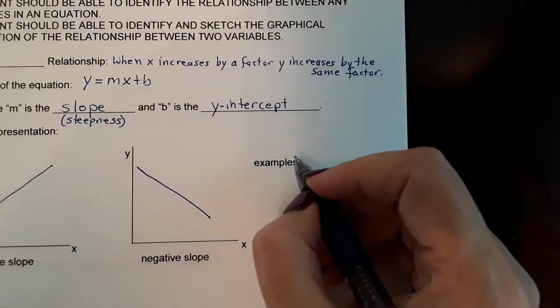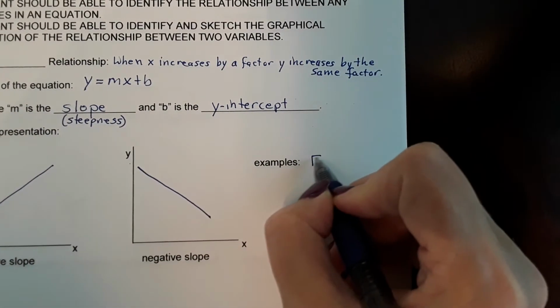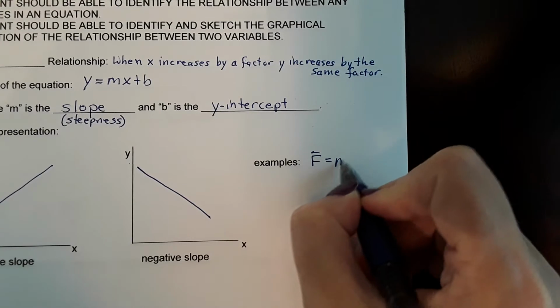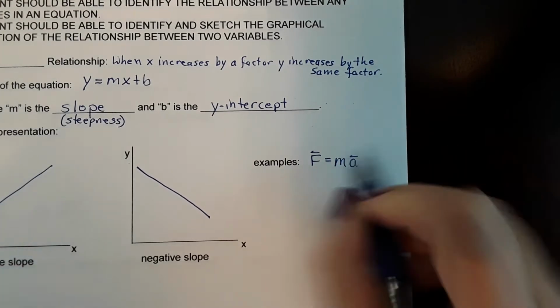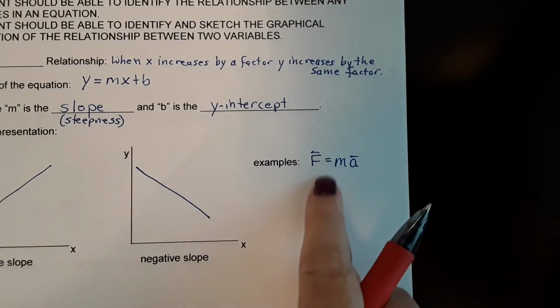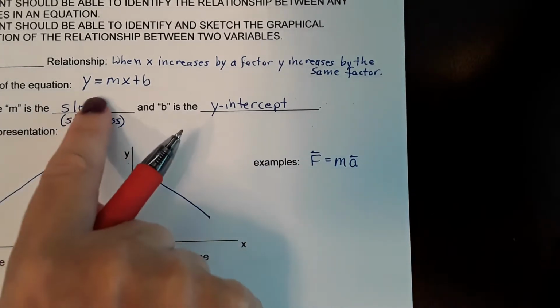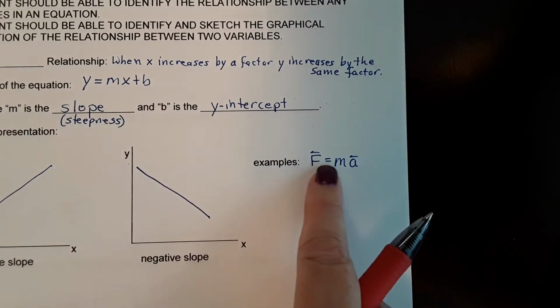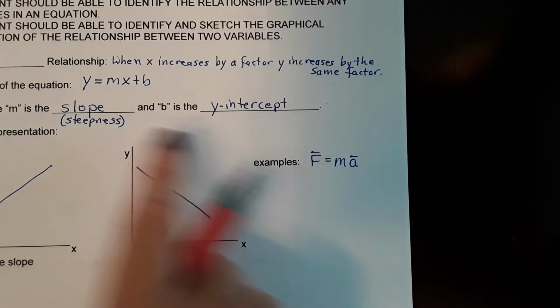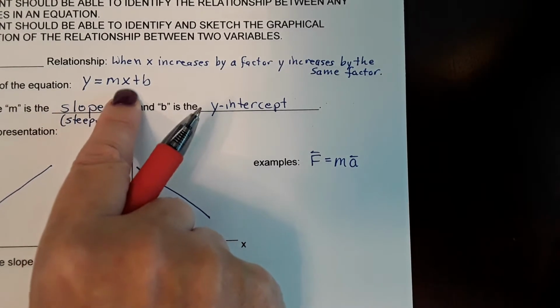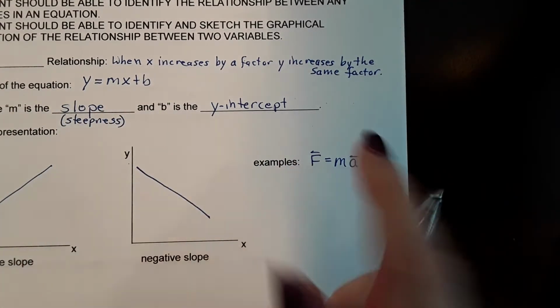Some examples of linear relationships in physics would be Newton's second law. All right, if we look at the form of the equation, it's the same as this one. y equals mx. In this case, you have an understood b of 0.